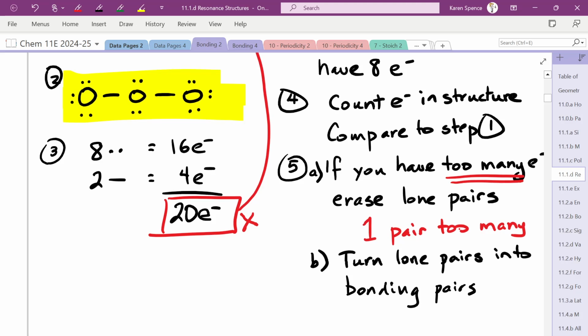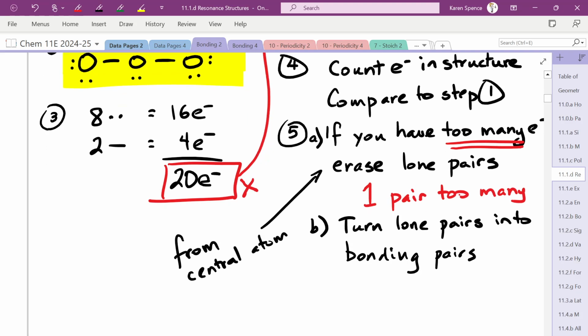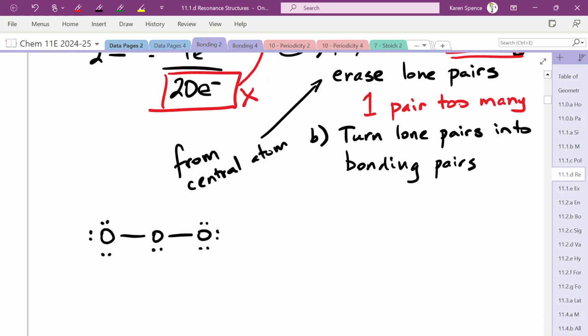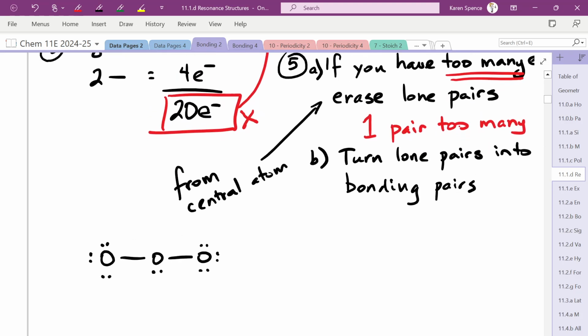So you're going to erase 1 lone pair, and who should you erase it from? From the central atom. So that's going to now look like OOO. And then we've erased our lone pair from the central atom. It was up here, but now it's gone.